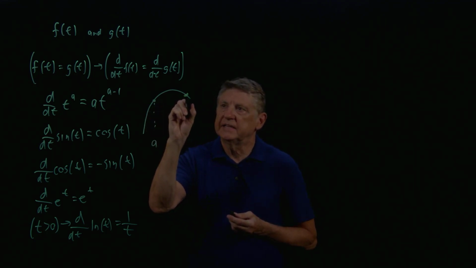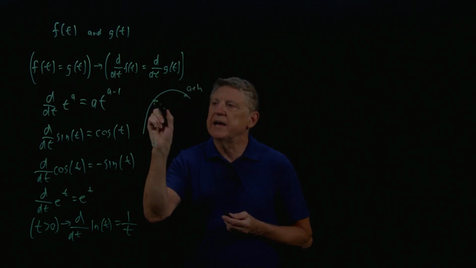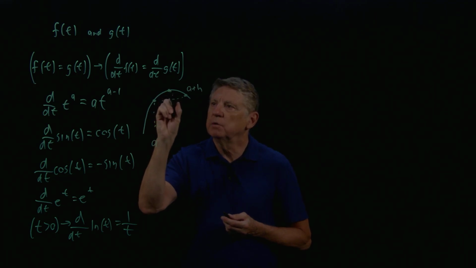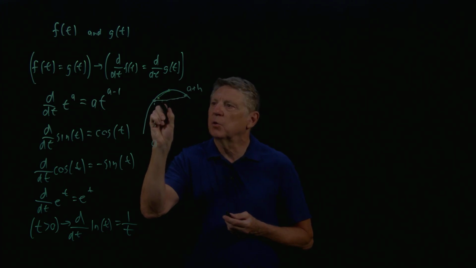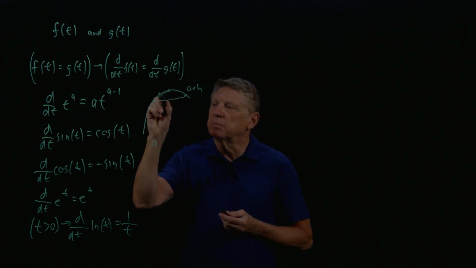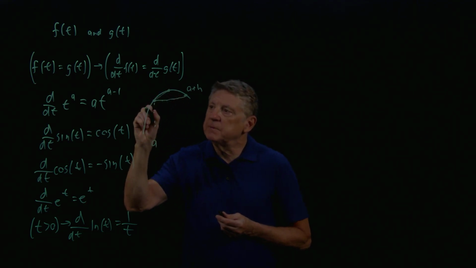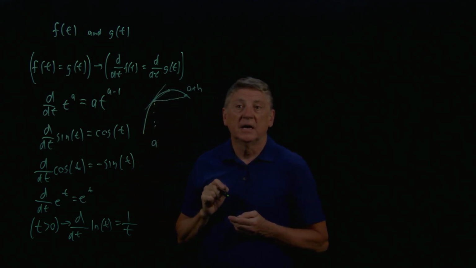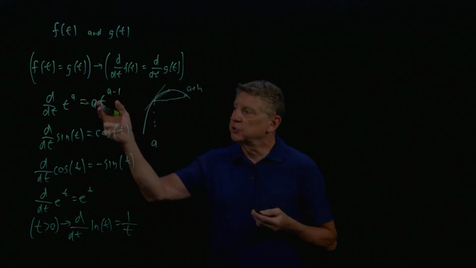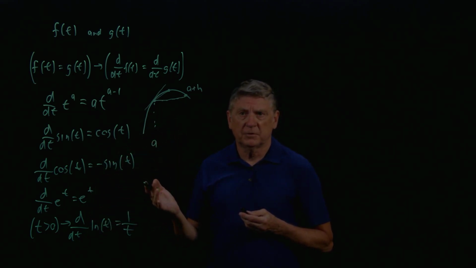So we could say that this is a plus h, and that's a chord, and then if we shrink h, we would get a different chord. And as h approaches 0, that then becomes the derivative, and it will look like that. So we can think of the derivative in terms of the algebra, and we can also think of the derivative in terms of the geometry.